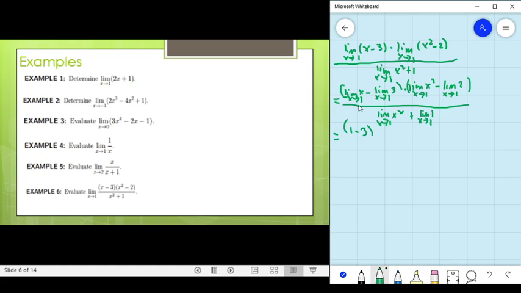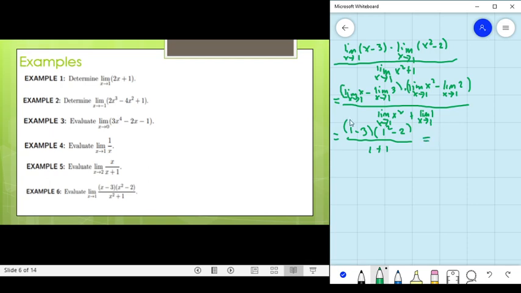because the limit of x as x approaches 1 is 1 and the limit of 3 as x approaches 1 is 3, times the limit of x squared as x approaches 1, which is 1 squared minus 2, all over the limit of x squared as x approaches 1, which is 1, plus the limit of 1 as x approaches 1, which is also 1.